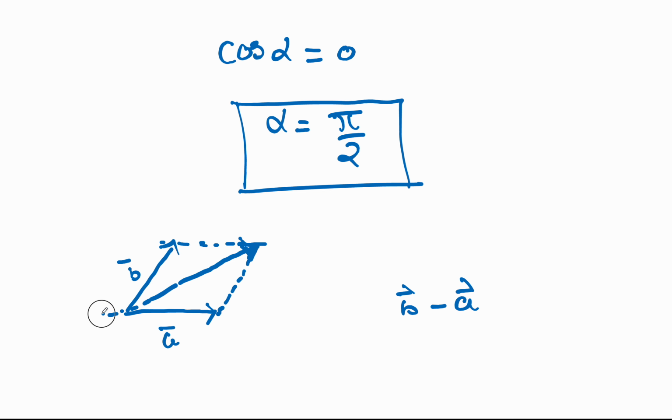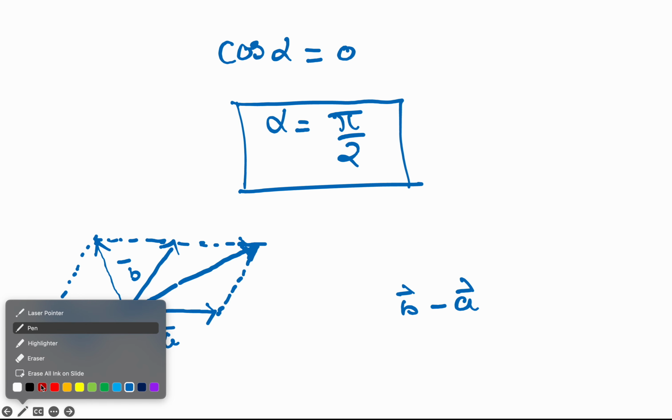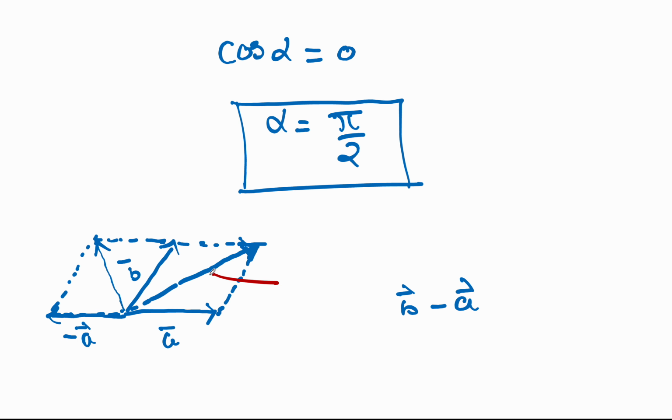I will draw the a bar of exactly the same length in the opposite direction. This is a rough sketch, but okay, so this is minus a bar, and if we add b bar and minus a bar, we can see that we have got this addition. So this is a bar plus b bar, and whatever we have is b bar minus a bar.